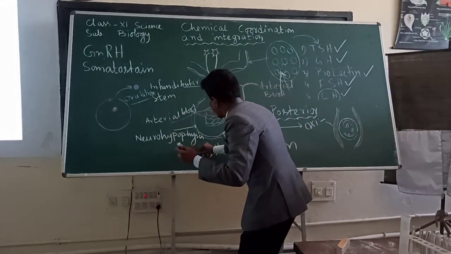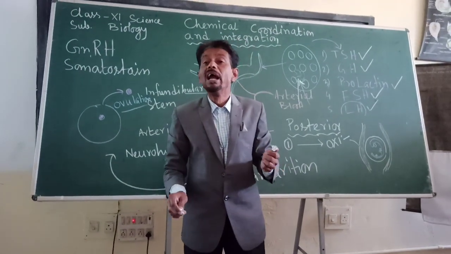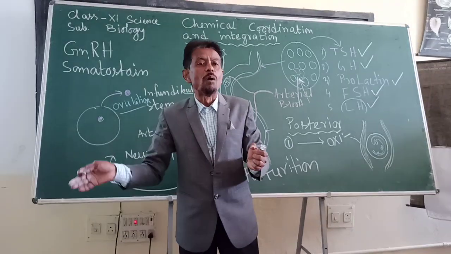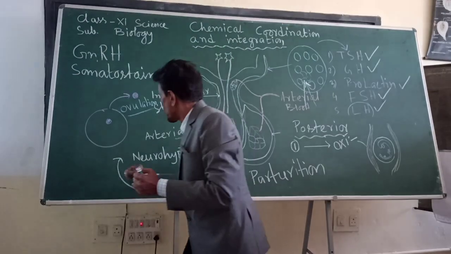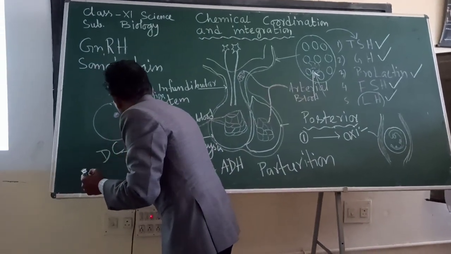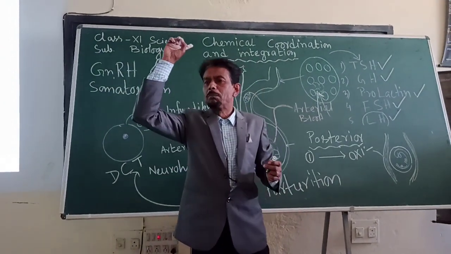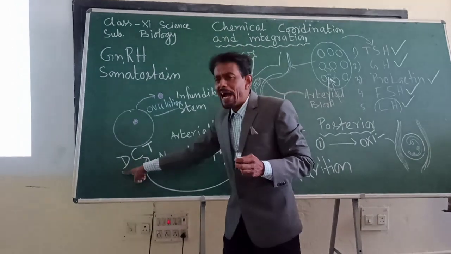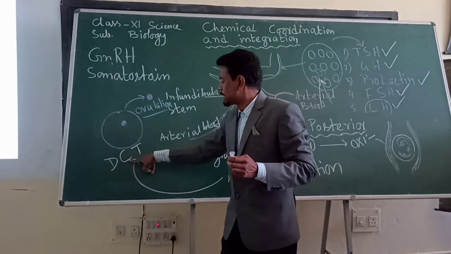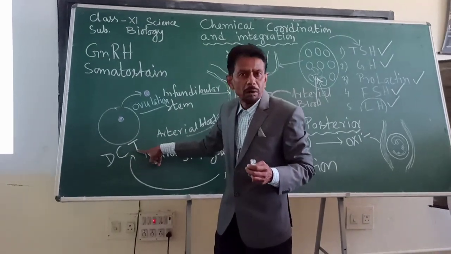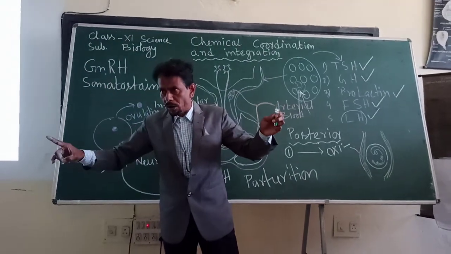This ADH hormone acts on the distal convoluted tubule, DCT, where the remaining part of the water is absorbed. The proximal convoluted tubule is the PCT, and the final absorption of water from the urine takes place in the distal convoluted tubule of the nephron.